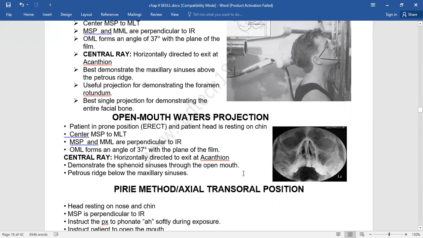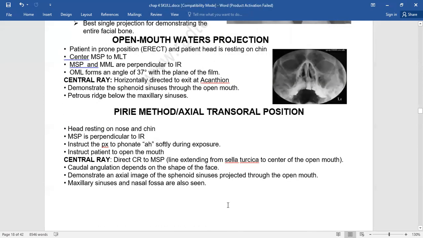Mas makikita siya, and the petrous ridge can be seen below the maxillary sinus. Dito sa original na Waters, maxillary sinus above the petrous ridge. Dito naman sa open mouth, the petrous ridge is below the maxillary sinus.